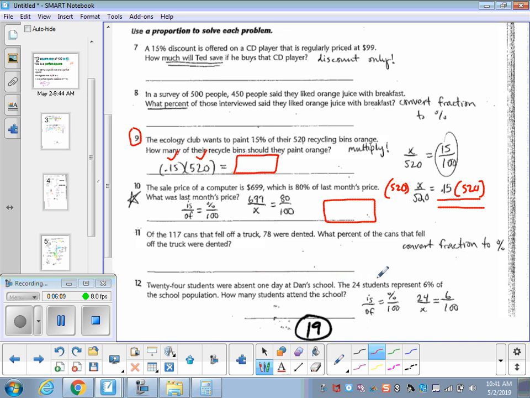The 24 students that were absent represent 6% of the school population. So how many total students attend the school? So we want to know, 24 is 6% of what number? And when we cross multiply and divide, we'll have our unknown.